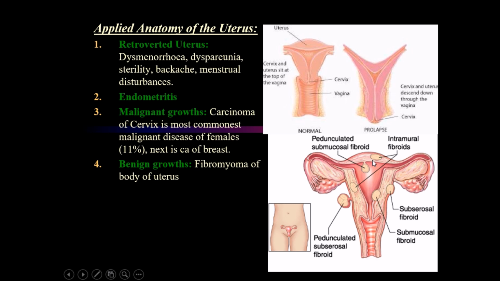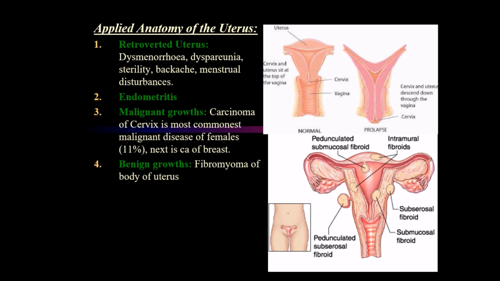It can be intramural, within the muscle, or protruding into the lumen, or outside on the subserosal surface, or even in the cervix. Depending on that, it has specific names.